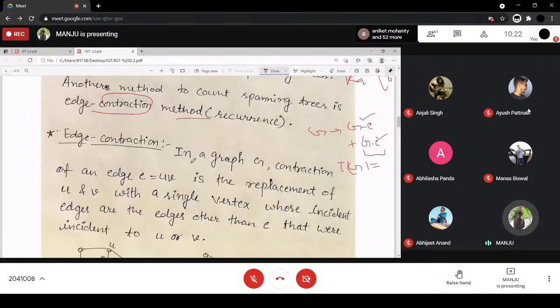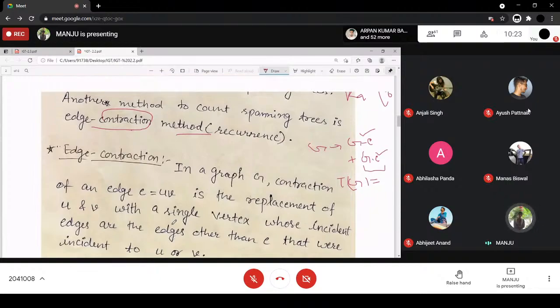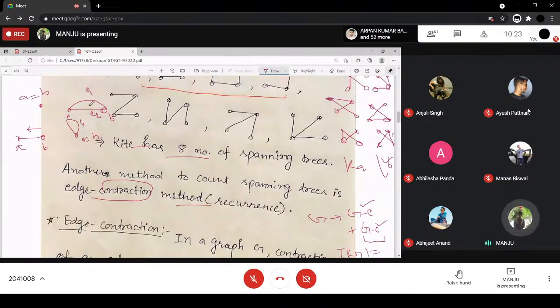How is an edge getting contracted? Obviously, you already know that contraction of any edge E equal to UV is the replacement of the two endpoints of the edge with a single vertex. U and V will be replaced by a single vertex whose incident edges are the edges other than E that were incident to U or V. So what does that mean?